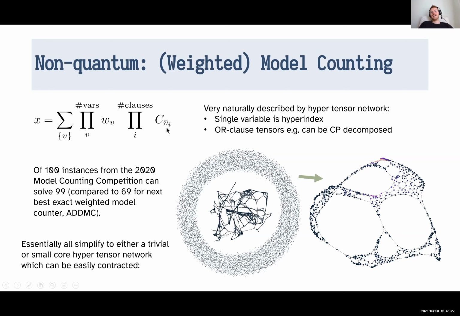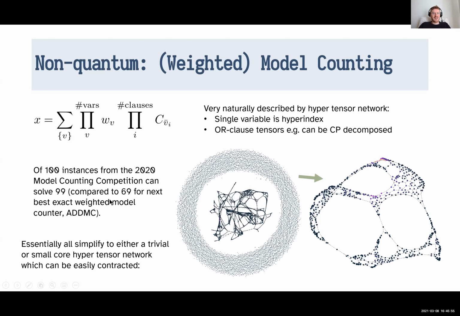So you say any one of the incident variables has to be true, and this tensor is very simply described by many things, including an MPS. But you can also do a PARAFAC decomposition on it to create another hyperindex. And so these things are very naturally these large hypertensor network objects.